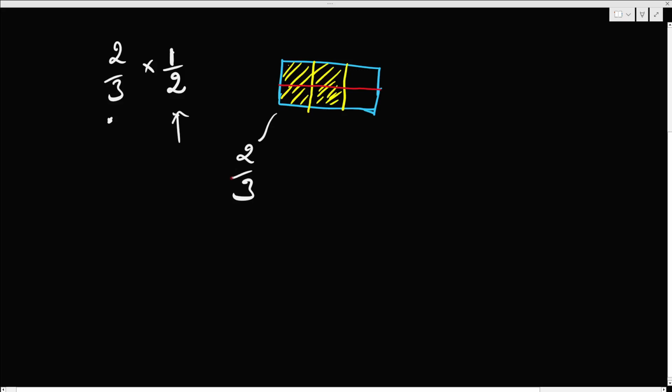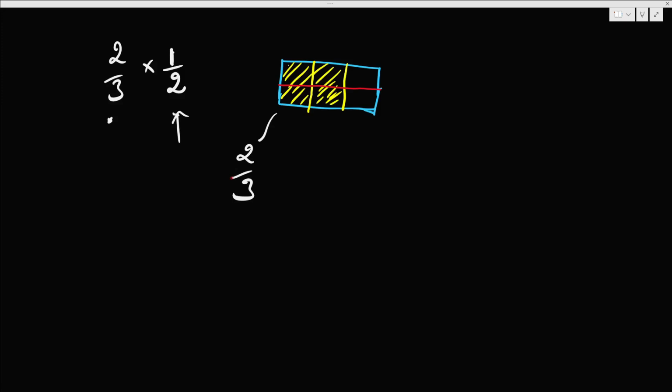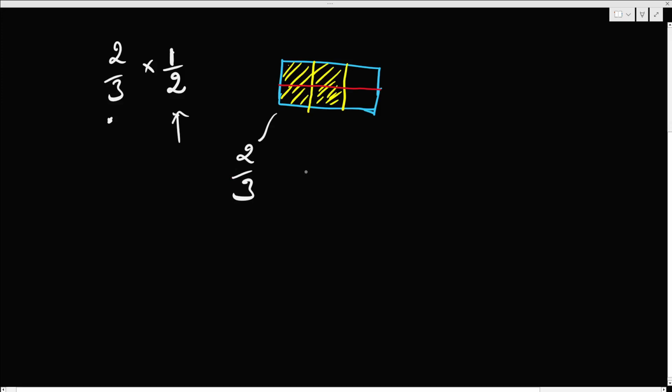Now the rectangle has 6 equal small parts. Originally we had 4 shaded small parts: 1, 2, 3, 4. Now take half of this, that is 2 shaded small parts, this one and this one. So taking one half means keeping half of the shaded region.